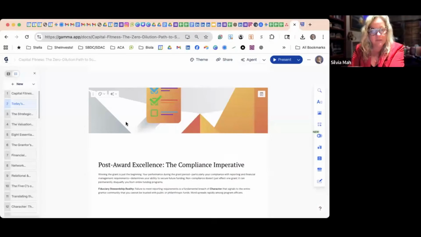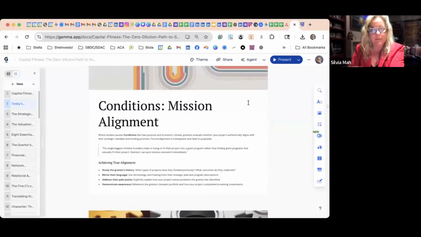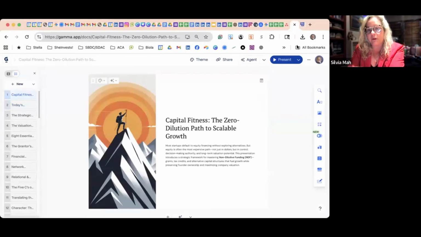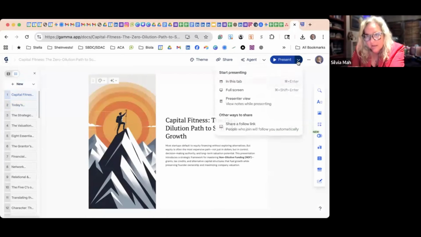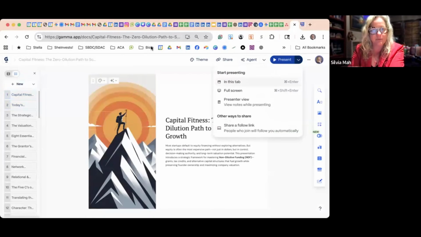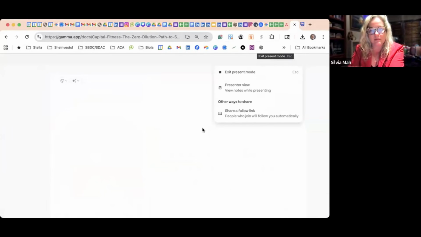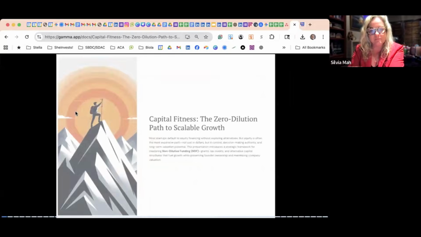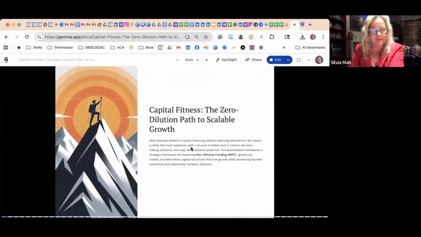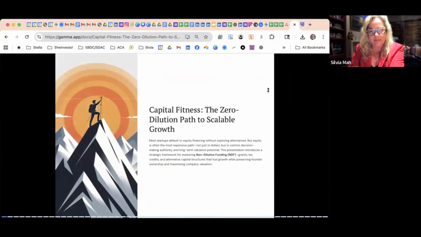Let me share my screen really quick. So I'm going to go back up to the top, get this all squared away. I can't see what I'm doing here, so give me a second and present. There we go. I think everybody can see this. Can somebody give me a thumbs up that they can see it? Thank you, Matt. Wonderful.